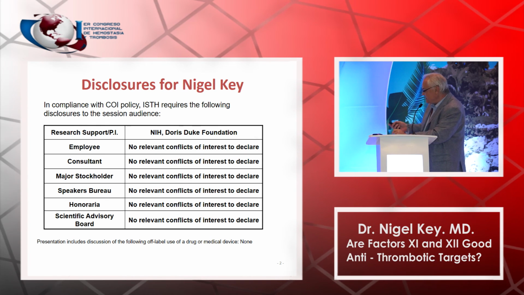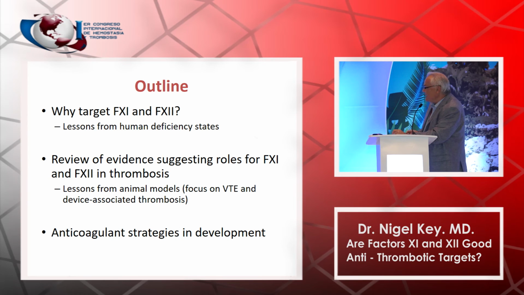These are my disclosures. As I say, we'll start off talking about why one might want to target factors 11 and 12. We'll talk a little bit about what human deficiency states have told us about factors 11 and 12. And then we get into some of the preclinical models, which at this point are mostly in animal models, usually small animal models.